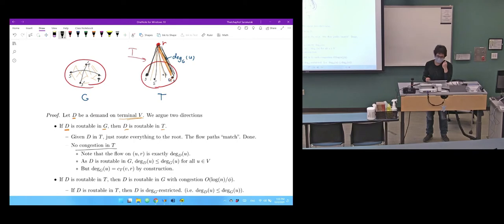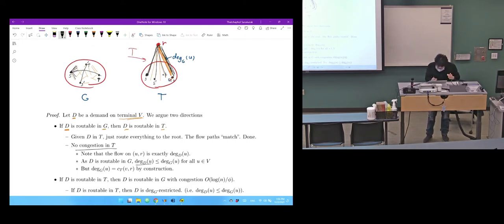And why is that? Well, suppose that this demand is feasible in G, no congestion in G. Then the total demand that ends at S needs to be at most the degree of S, right? Because if it's more than the degree, then there is no way it's feasible.